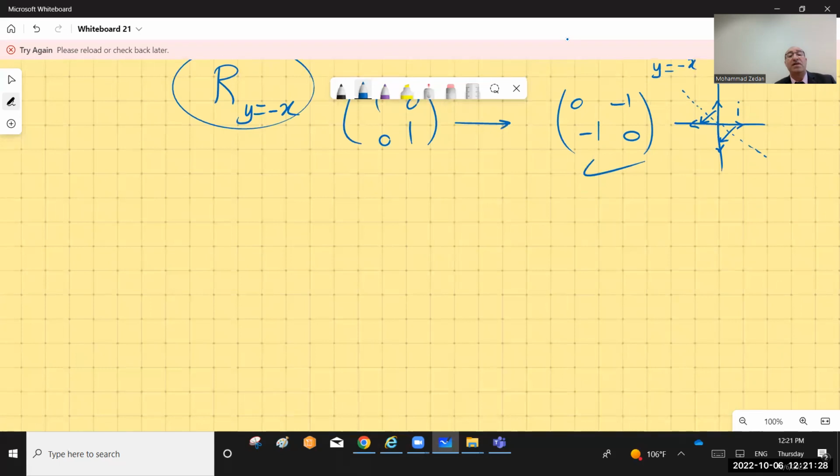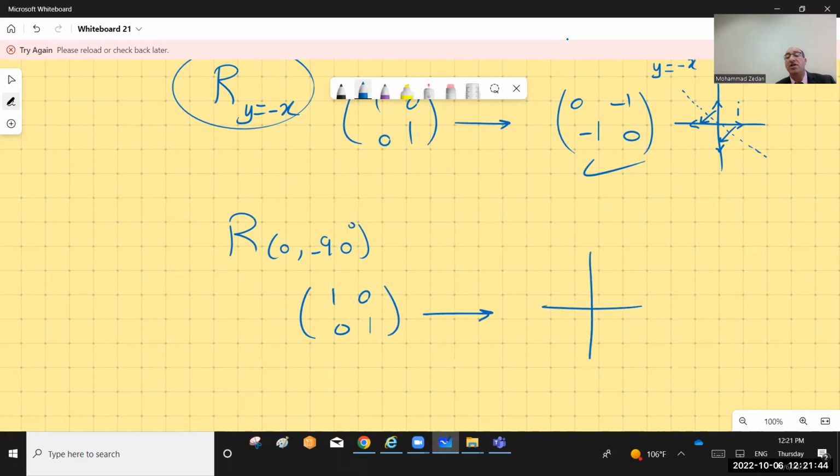Let's take, for example, the rotation about the origin with 90 degrees, or with negative 90 degrees. How can you write it? Just write 1, 0, 0, and 1, okay, and rotate each of i and j about the origin with 90 degrees clockwise.